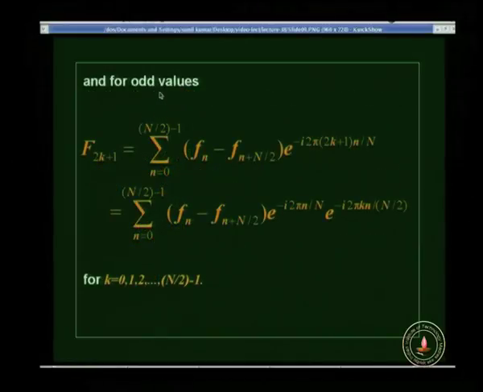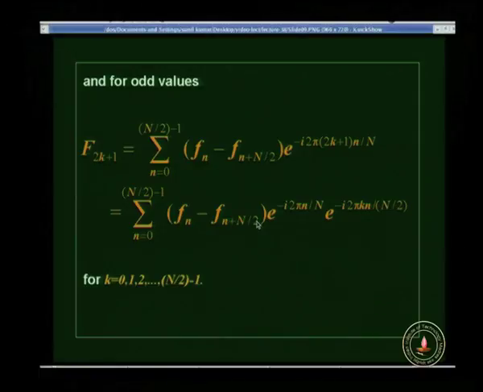And for odd k values we know that it is a minus sign here, right? Because e to the power of i pi k is negative for odd values of k. Okay, so we have the even and odd separated out. So let us write that here, and that is what we are going to use in the program now. And we will do that for the same function again.